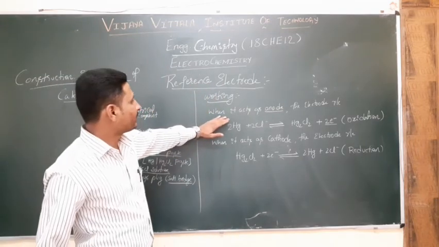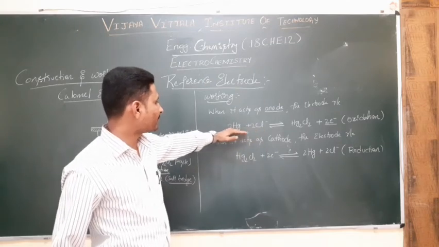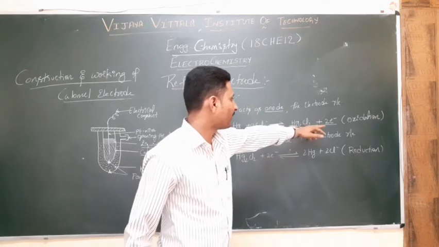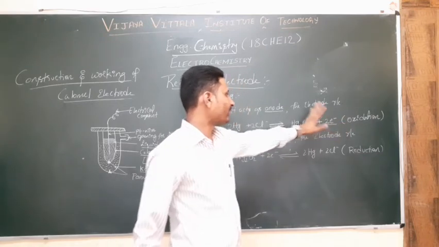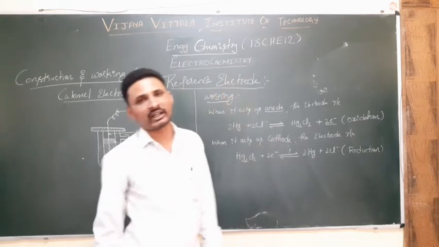So when it acts as anode, chloride and mercury give rise to mercury 1 chloride and release electrons, that is an oxidation. When it acts as cathode, a reduction reaction takes place.